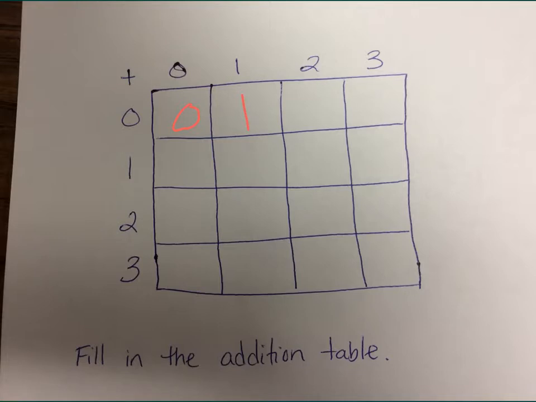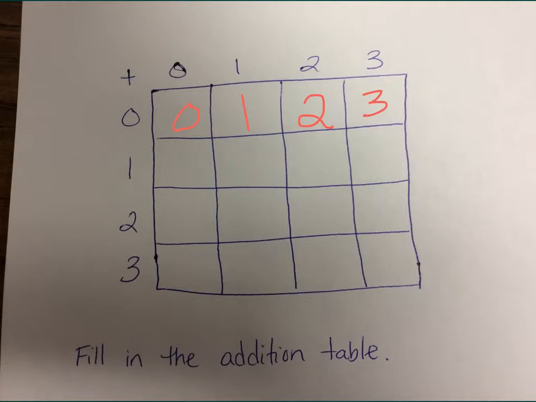If I go across to the next box, again, it's still in row 0, so I'm doing 0 plus, and if I look at the column, it's a 2. 0 plus 2 is 2, so I'm going to go ahead and fill in a 2. Now across for the next box, again, I'm still in row 0, so it's 0 plus, and I look up at my column, 3. 0 plus 3, I know is 3.